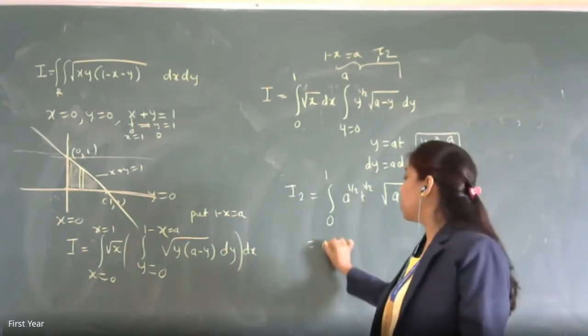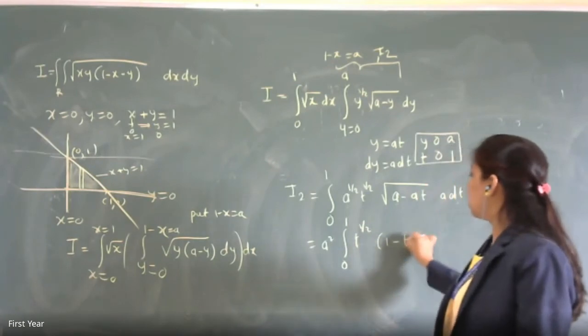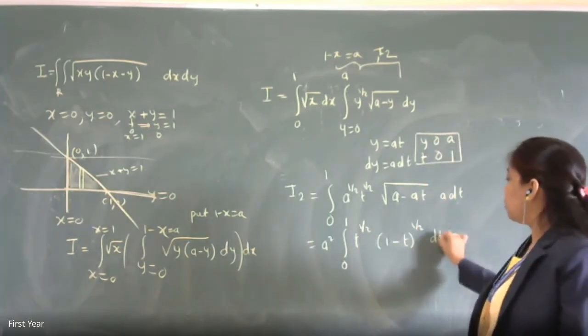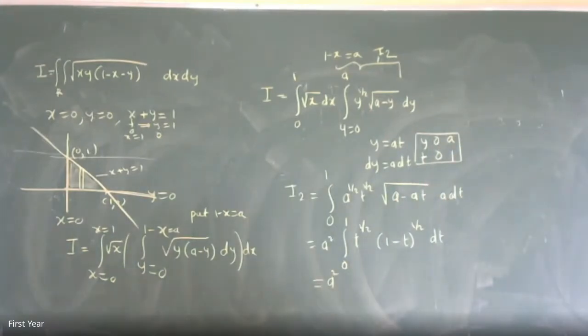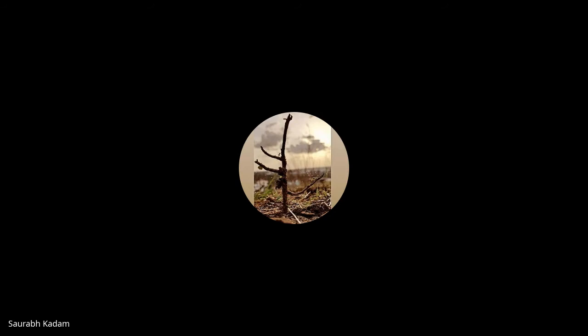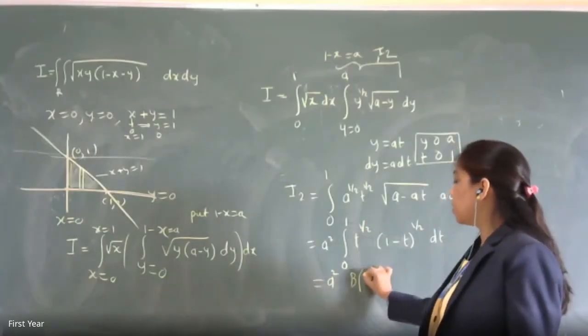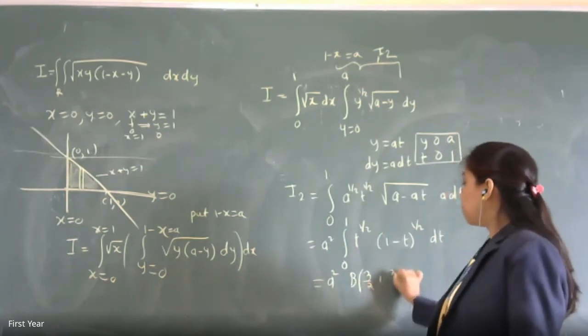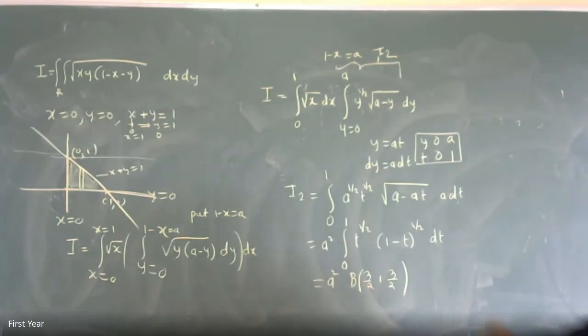So this will become a square, integral 0 to 1, t raised to half, 1 minus t raised to half dt, which is nothing but a beta function. Beta of what is this? Beta of 3 by 2. Correct. Whatever is the power, add 1 to it. So half plus 1 is 3 by 2, comma, half plus 1 is 3 by 2. So this is a square beta of 3 by 2, 3 by 2.